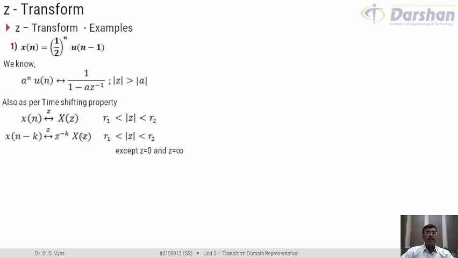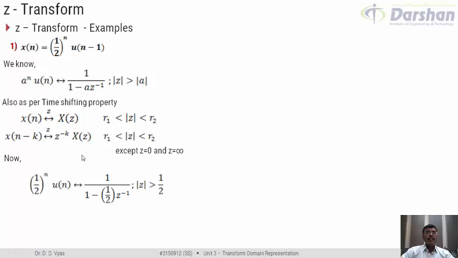It means that x of z would be multiplied by the term z raised to power minus k. The ROC would primarily remain the same, except z equal to 0 or z equal to infinity may be removed from the ROC depending upon the multiplying factor z raised to power minus k.